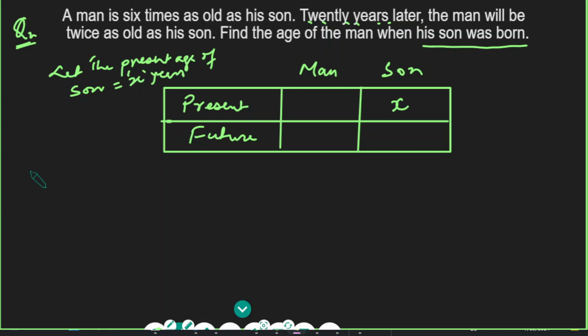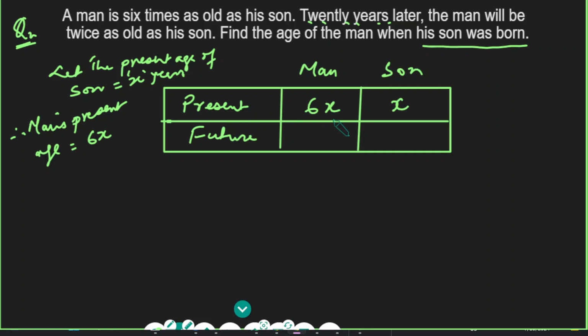Then, as per the question, the man is 6 times as old as his son, so it will be 6x. So the man's present age is equal to 6 times x. This can be assumed.